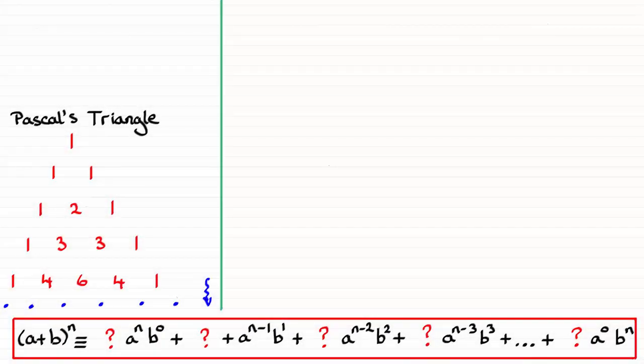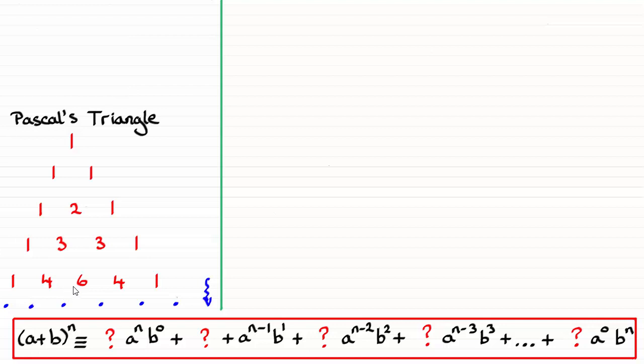Now, following on from the previous section, I showed you that if we had to expand a bracket of the form a plus b to the power n, where n was a positive integer, we got this result here. And where you see these question marks, these coefficients were given by the values in Pascal's triangle.